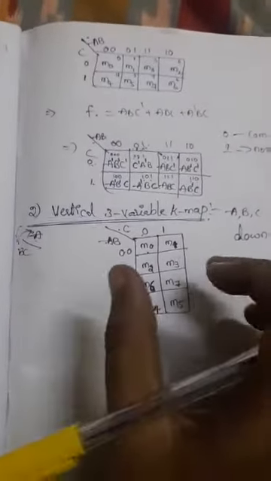Any such expression can be solved using a K map, and you need to take either vertical or horizontal. You need to take any one structure; that's your wish, horizontal or vertical.